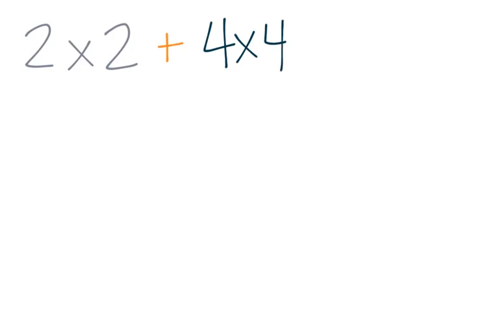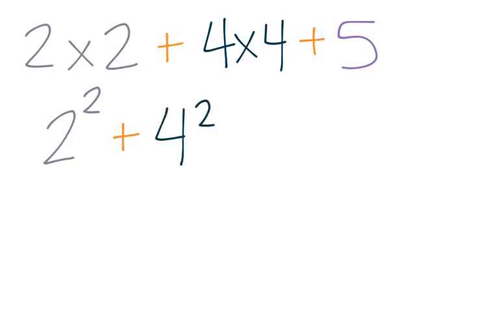Number 8 says write the following expressions with exponents and solve. So you have 2 times 2 plus 4 times 4 plus 5. So in exponent form, you have 2 2's plus 2 4's plus 1 5.